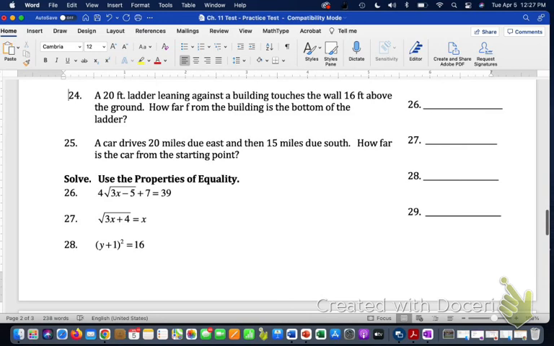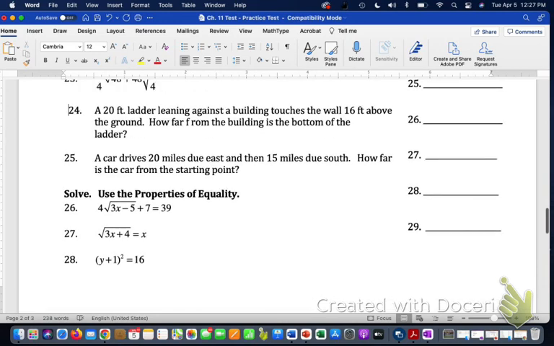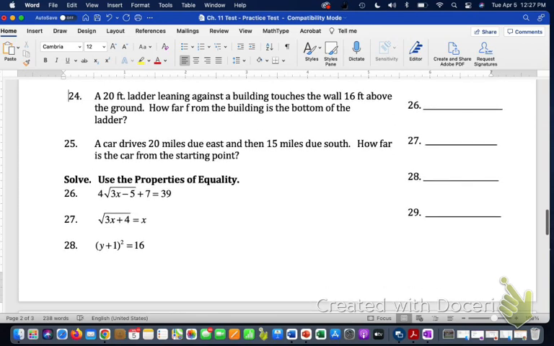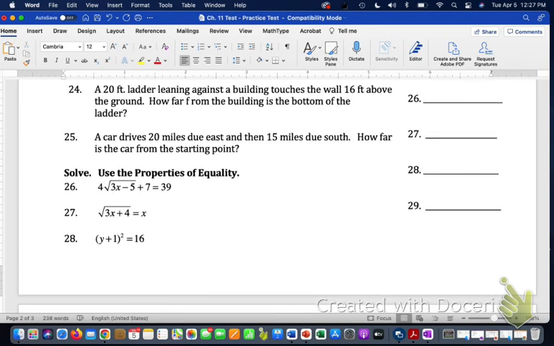20-foot ladder. So we have two Pythagorean theorems. A 20-foot ladder against a building. The wall touches 16 feet. It's a 20-foot ladder. How far is the building from the bottom?